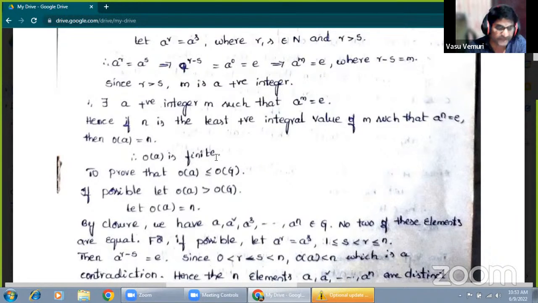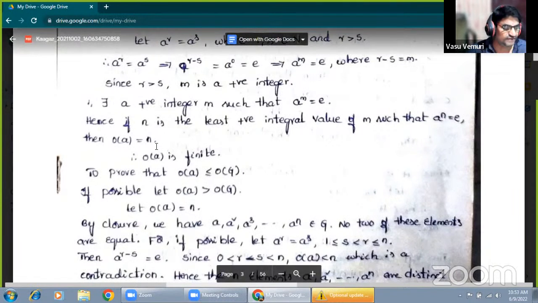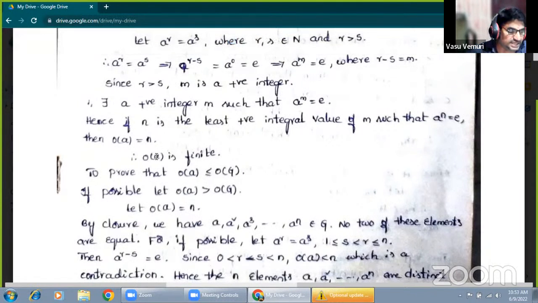In the group, the elements generated by A are A square, A cube, and so on, A power R, A power S, up to A power N. So if we take the element A belongs to G, then its order is also finite. There is no doubt.